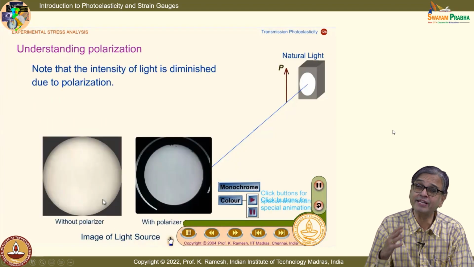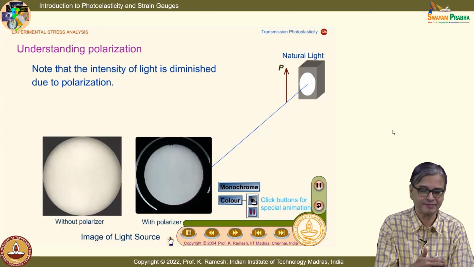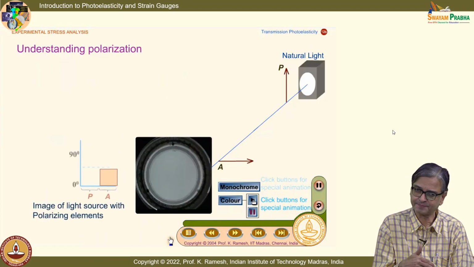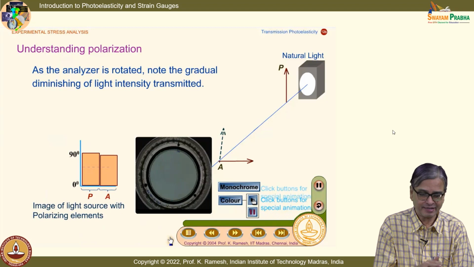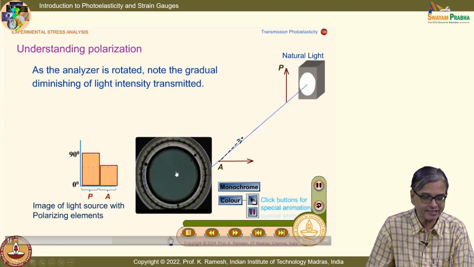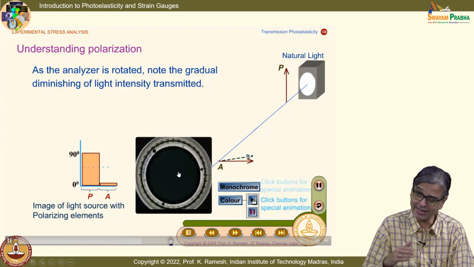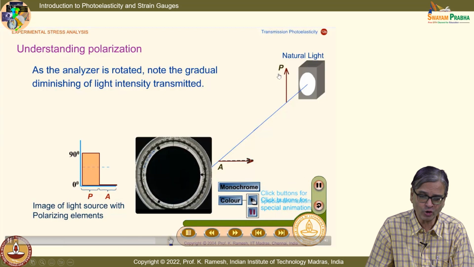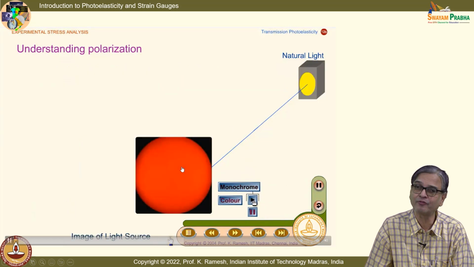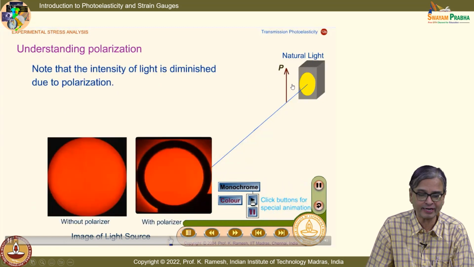And how do I investigate whether the light is polarized? I should have two identical elements and put them crossed, and as you gradually make them completely crossed, you find the intensity goes to 0. That indicates that what you have is a polarized beam of light, which I have shown for white light, and now for a monochromatic light source.